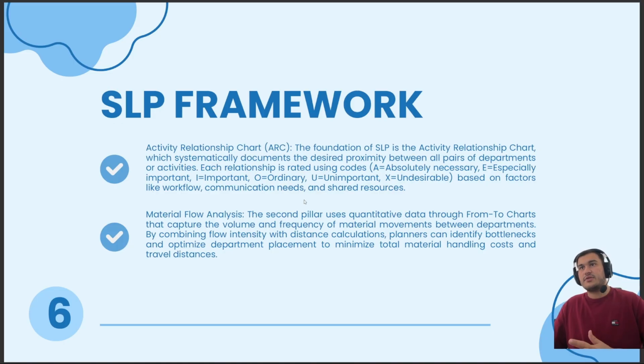In this network diagram, the departments are drawn as physical nodes. These nodes are connected by lines of varying thickness or color. For example, a thick line represents a very strong relationship, meaning those departments must be next to each other. This visual network guides the planner during the spatial arrangement phases.